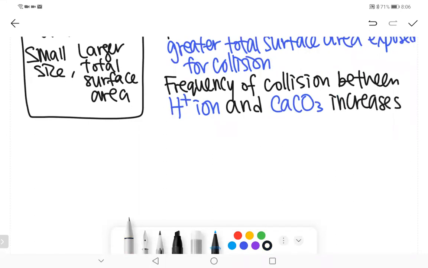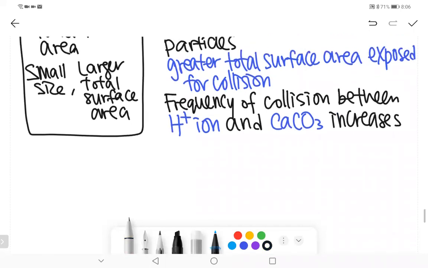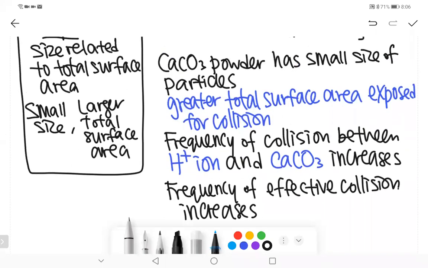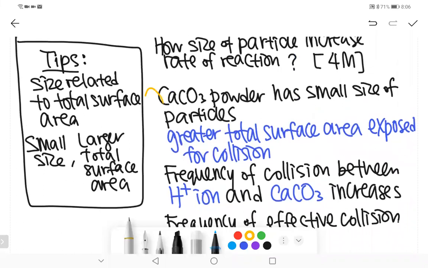When you have more and more collisions, frequency of effective collision also increases. It's not very hard. You just need to mention that when we use a powder, it has a smaller size, so it has a greater surface area for collision.